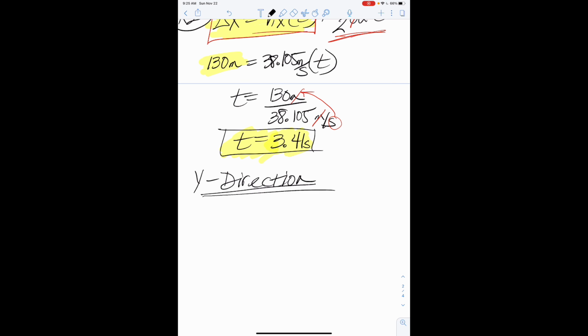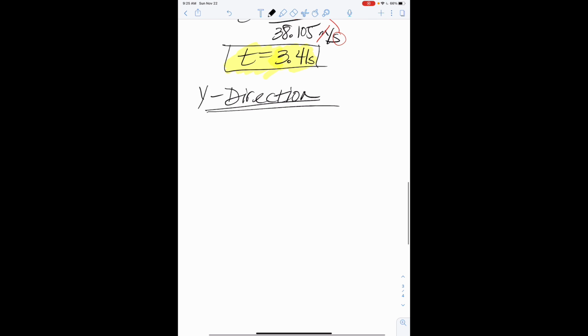And we want to know the height of the ball. We want to know, technically, we don't even want to know delta y, right? We want to know yf at 3.41 seconds.